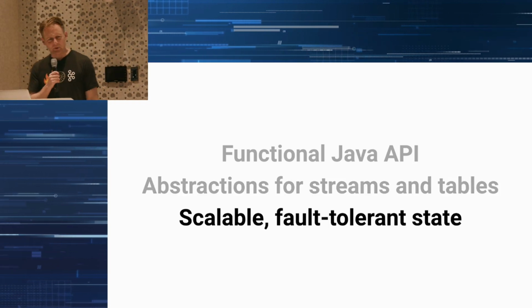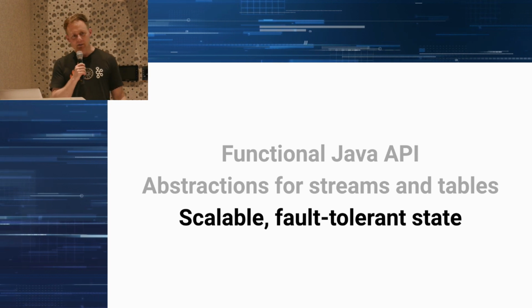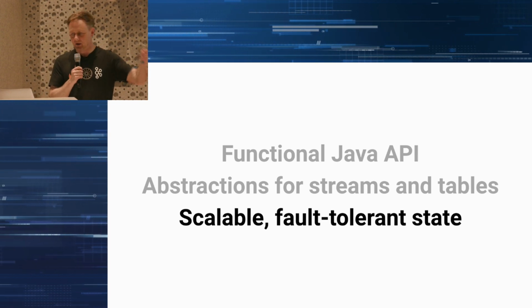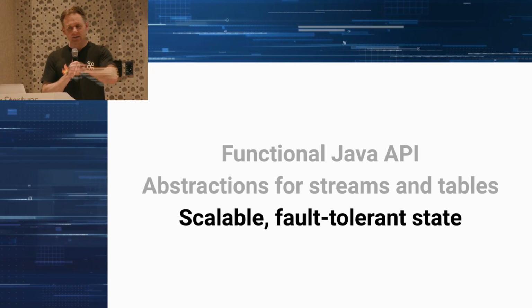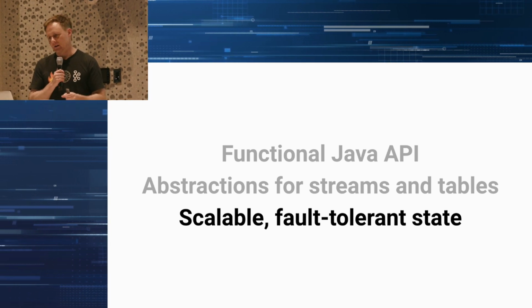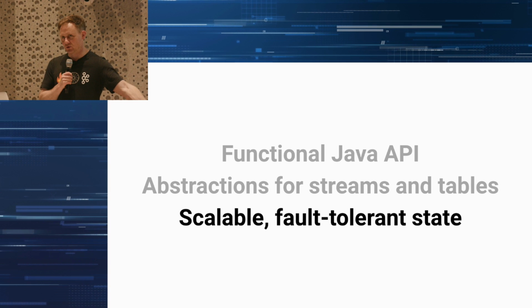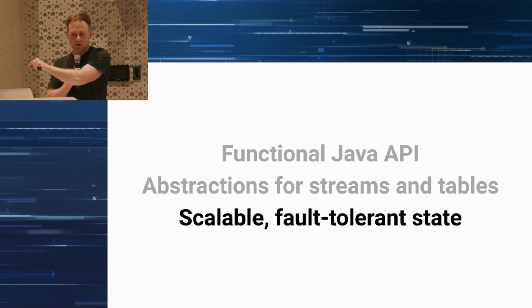Also, the state problems. I will not elaborate on this, but if you will just trust me, Kafka Streams solves the problems with scaling a stateful consumer. So if I add an instance to my Streams app, the consumer group rebalance is going to cause partitions to get assigned to that new instance.